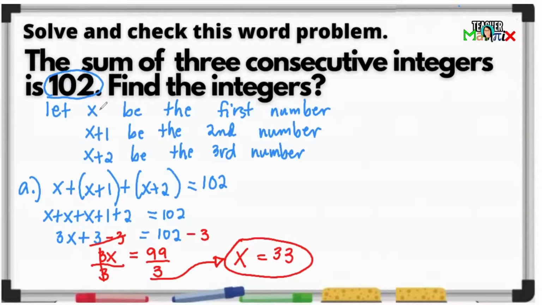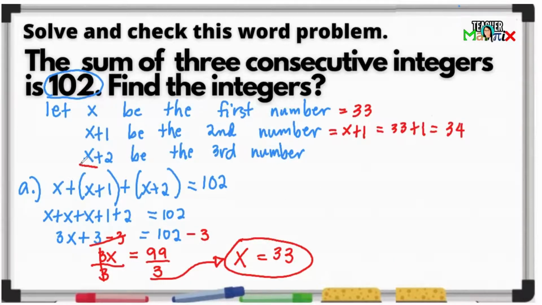Let me write here: let x be 33. Then substitute the 33 to the next numbers or remaining numbers. Since this is x plus 1, 33 plus 1 equals 34.